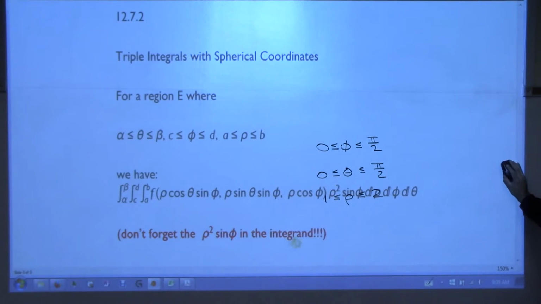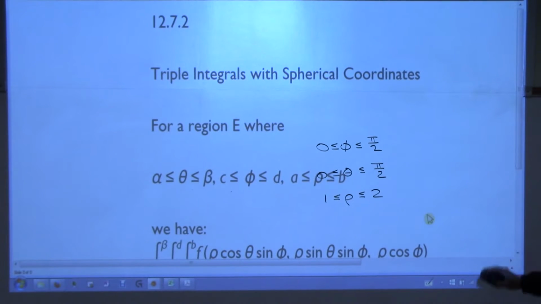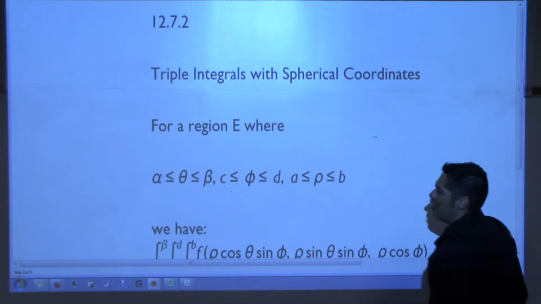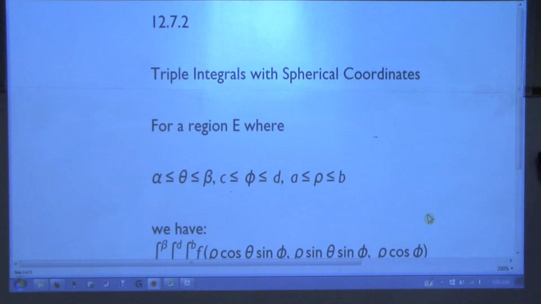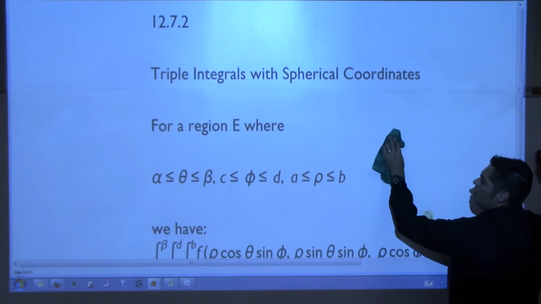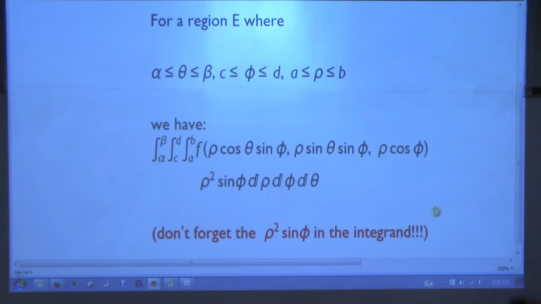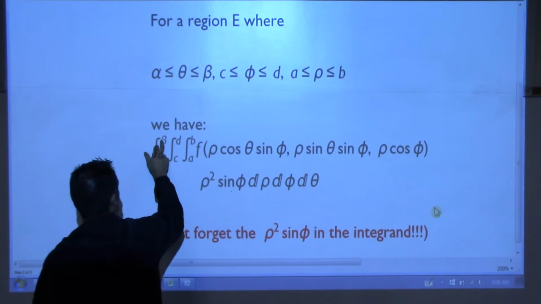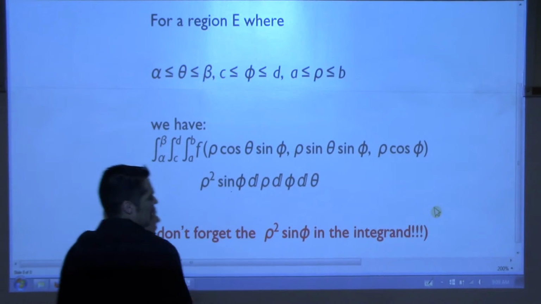All right, now let's talk about the actual setup of the integral. So if you have a region E, and you have these restrictions on theta, phi, and rho, then our triple integral will turn into, okay, so this is our conversion.